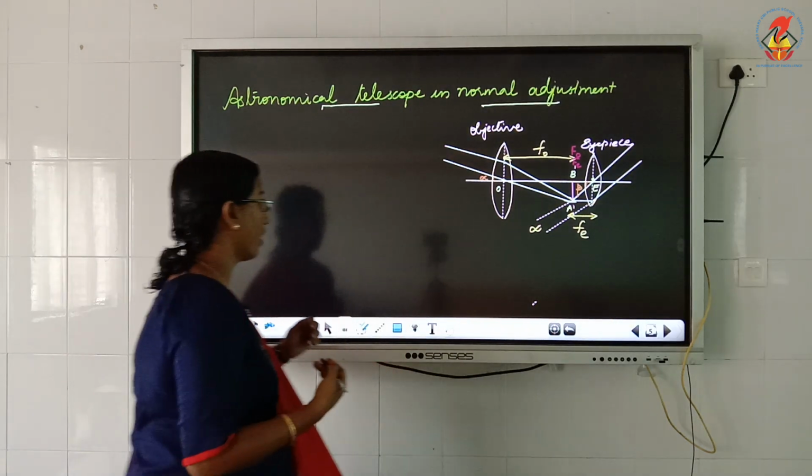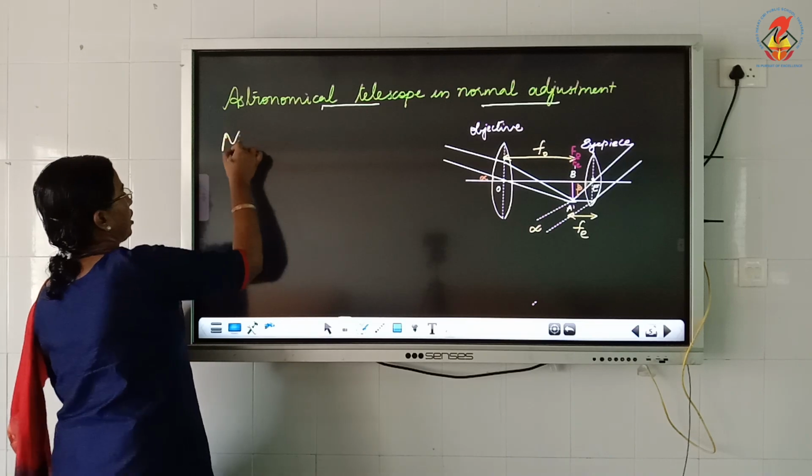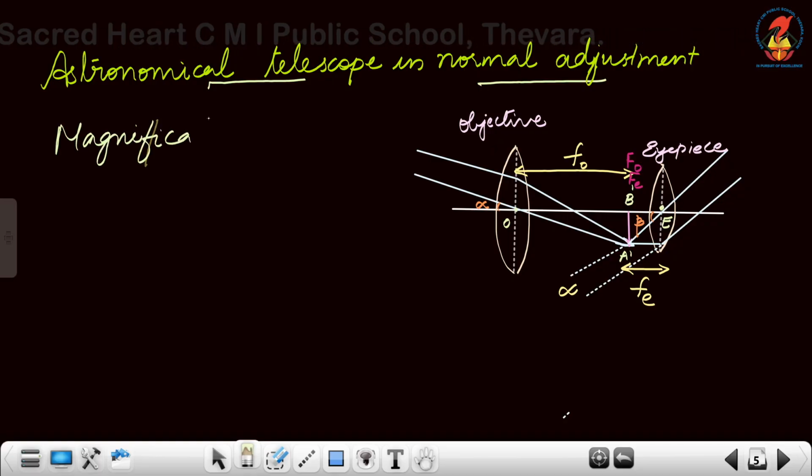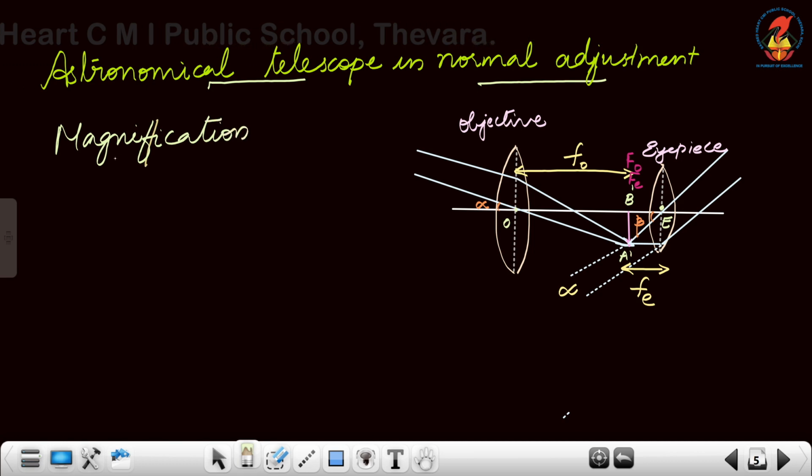So first let us define what is magnification. What is the definition for magnification?